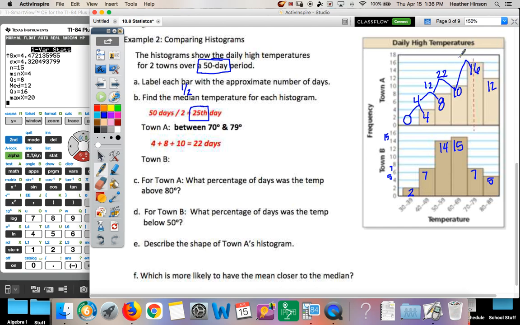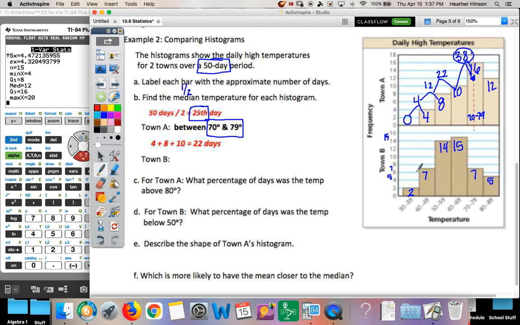Plus 16 is 38. So we know 25 is going to fall somewhere in that 70 to 79 marker. We don't know the exact temperature because they didn't give us that information. We just know it's going to be somewhere in this box, so between 70 to 79.